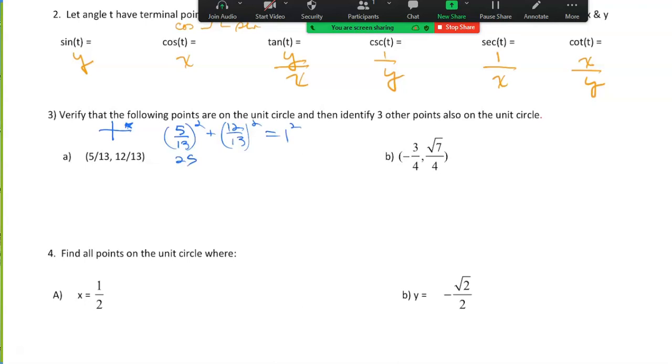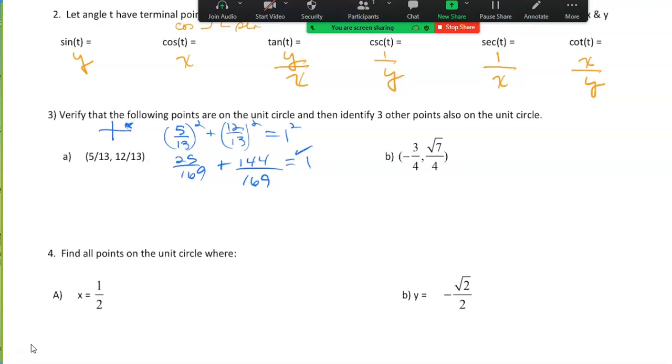So that's 25 over 169, plus 144 over 169. And when you add those together, you're going to see that it equals 1 because 169 over 169 is 1.